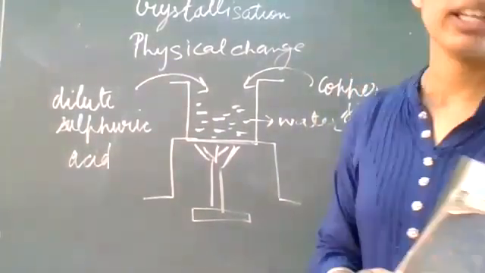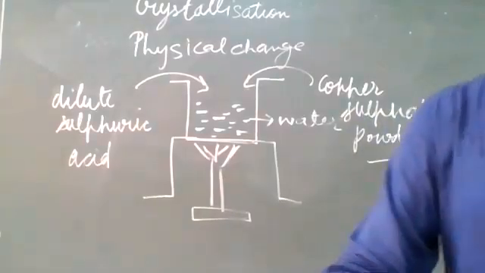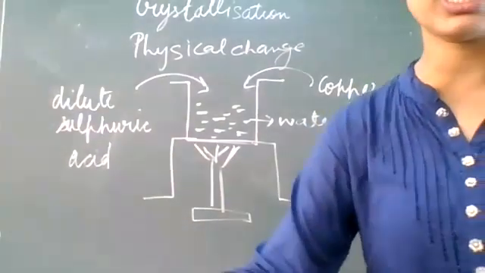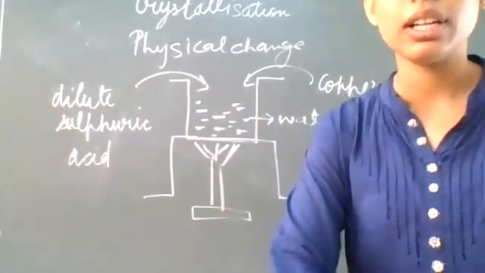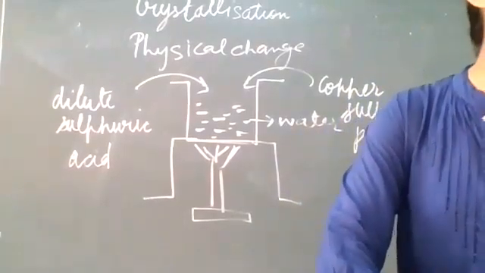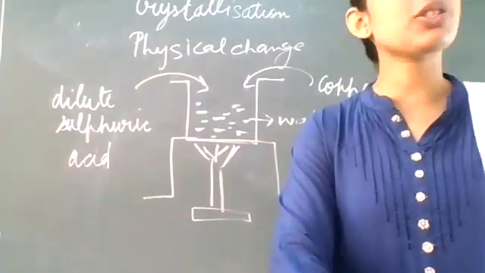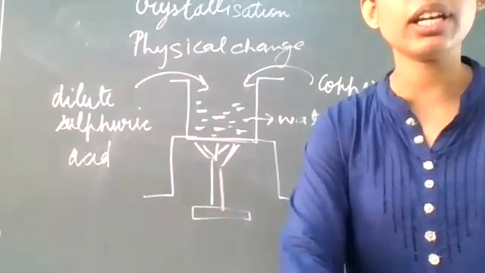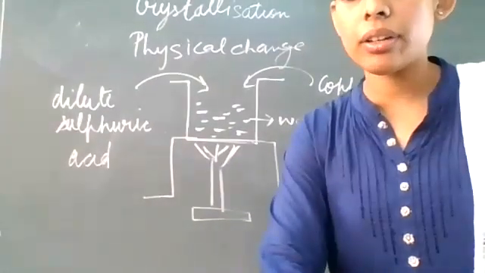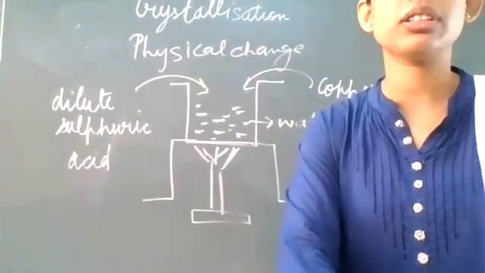The next is we will continue adding copper sulfate powder till no more powder can be dissolved. That means up to the point where a saturated solution is formed, okay? So what is a saturated solution?